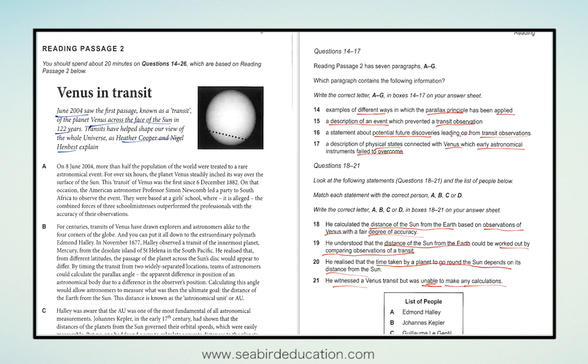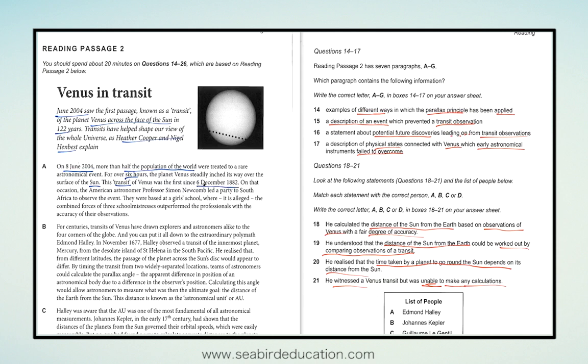So we've got this June, 8th of June, more than half the population of the world witnessed a rare historical event. Okay, 6 hours. Rest of the Sun, transit of Venus. Underline these ones with inverted commas.